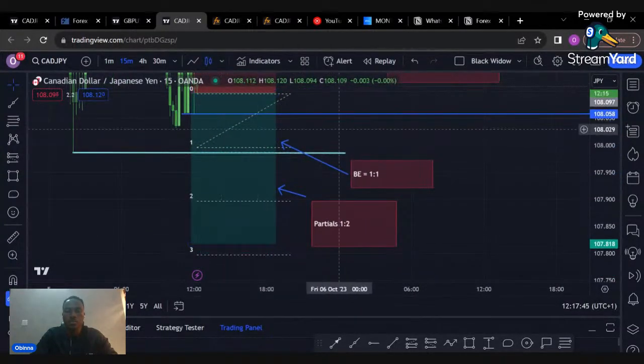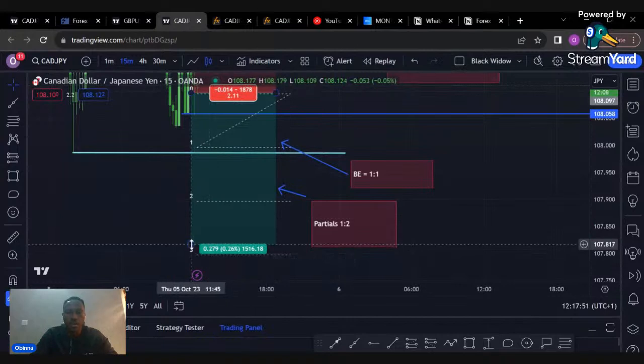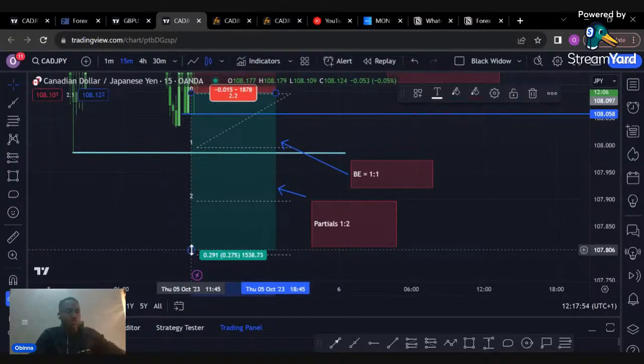When price goes to 1, I would break even on the trade. If it goes to 1 to 2, I take partials, then allow the trade to run to 1 to 3 at least. That's what I want to do.